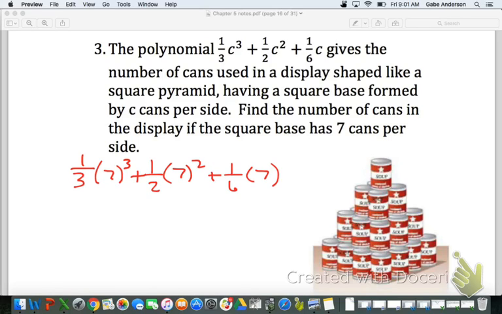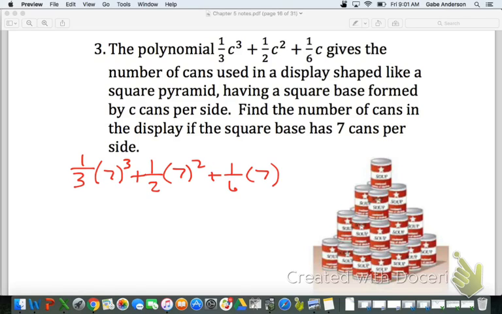Someone has gone to the trouble, and we could develop this if we wanted to, using the volume formula for a pyramid, a square pyramid specifically. We can investigate that if you want, but we just have to trust that that's true at this point: that the number of cans in the whole display is given by that polynomial. If you want to go to the geometry, we certainly can. Are you sure? Yeah. Okay.